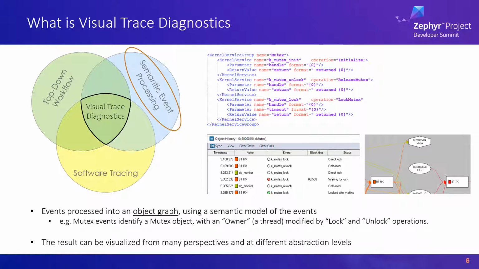And the result, this linked object graph, can be visualized from many different perspectives and at different abstraction levels. And this makes it quite easy, or at least feasible, to provide really advanced functionality based on trace data.